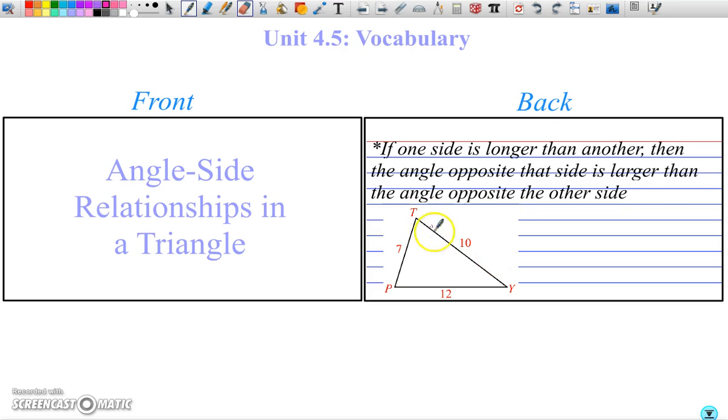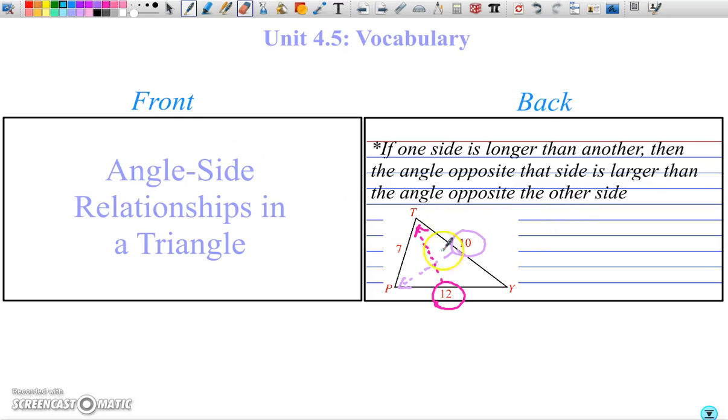So if one side is longer than another, then the angle opposite that side is larger than the angle opposite the other. So if we're looking at, for example, the 12, and let's go ahead and go with the 10, okay? So this side is across from this angle, and this side is across from this angle.